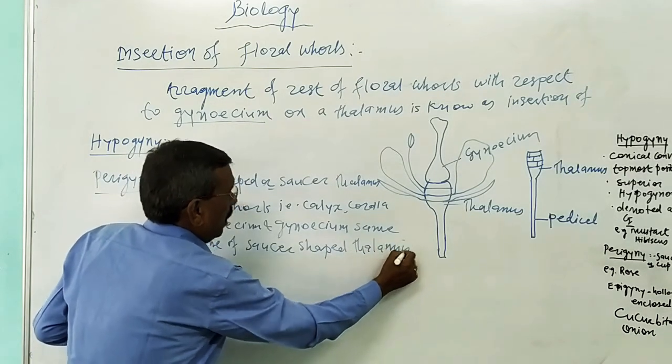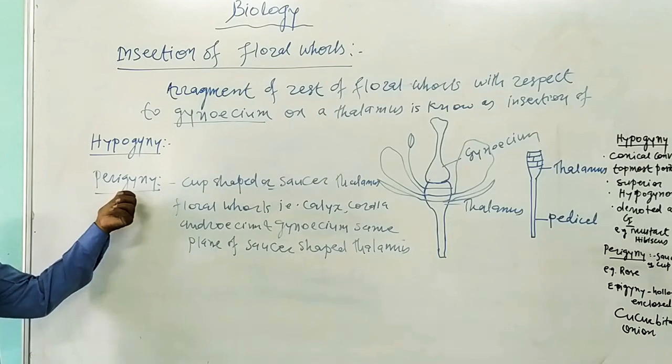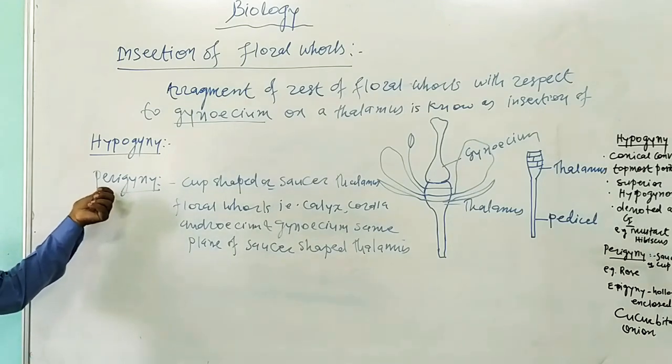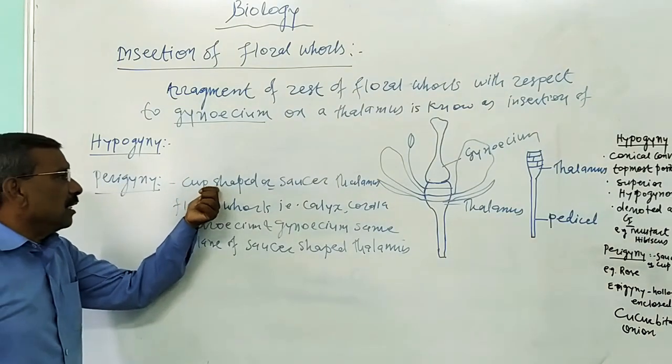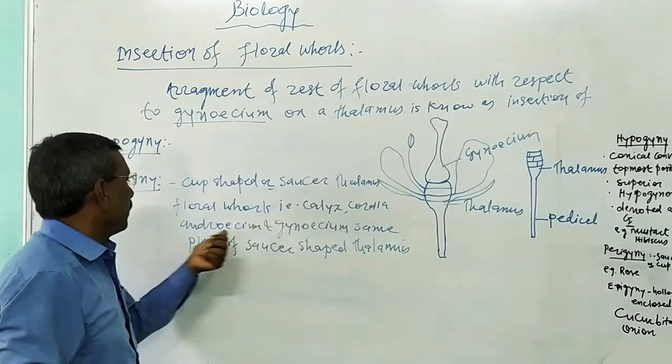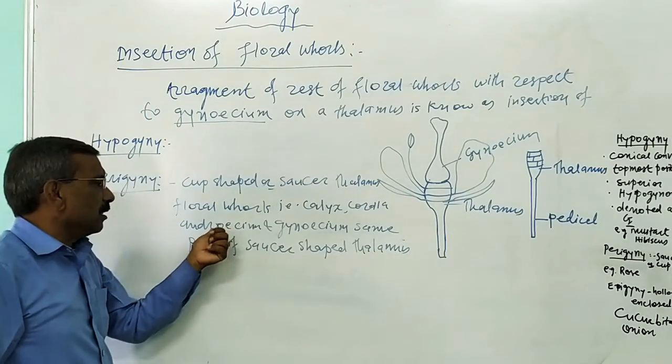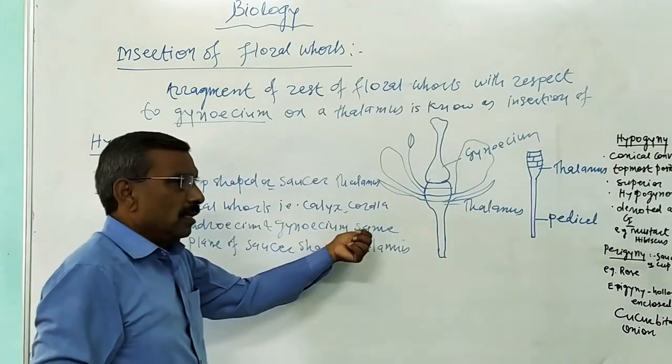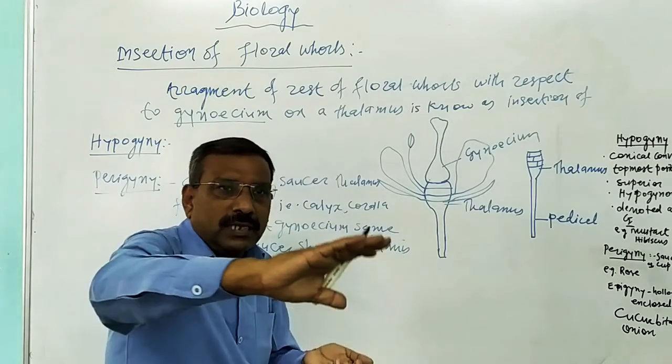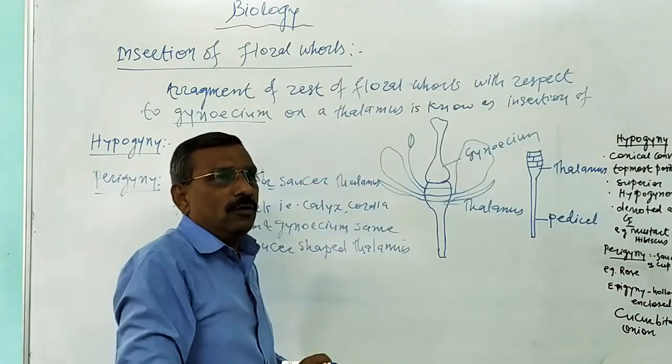This is known as perigyny, in which the thalamus is generally cup-shaped or saucer-shaped, and the floral whorls, that is calyx, corolla, androecium, gynoecium, lie on the same plane of the thalamus.